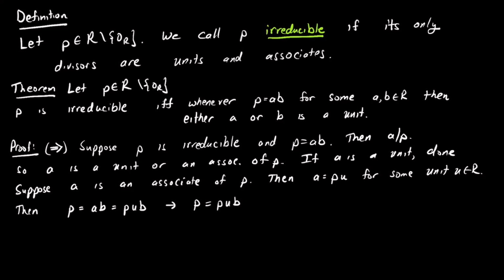One thing to recall about integral domains is that I have cancellation, so I can cancel non-zero elements from both sides. I can cancel out these P's, and I end up with 1 is equal to U times B. What does that tell me? Hence, B is a unit. Okay, and I've proved the forward direction.